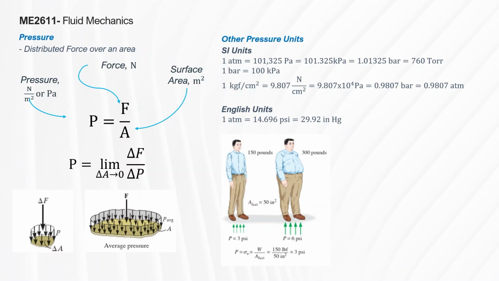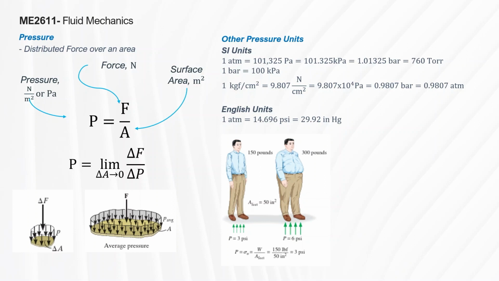The additional ones: 1 kilogram-force per square centimeter is also 9.807 Newtons per square centimeter, which is also 9.807 times 10 to the 4 Pascals. If you know the conversion of Pascal and bar, it's a lot easier.